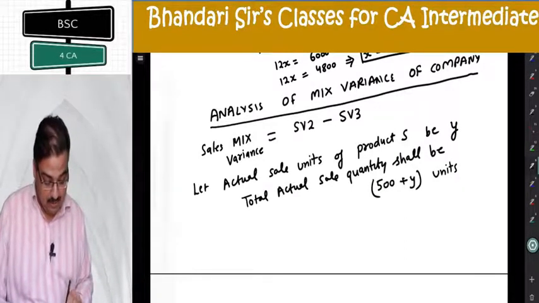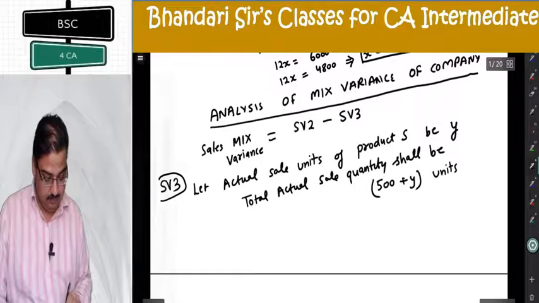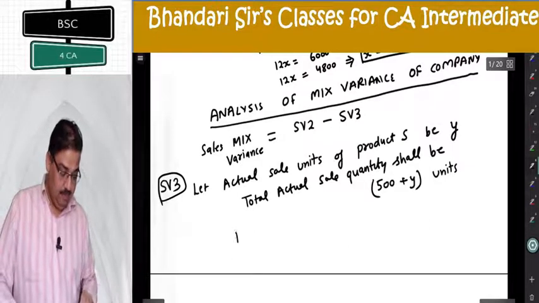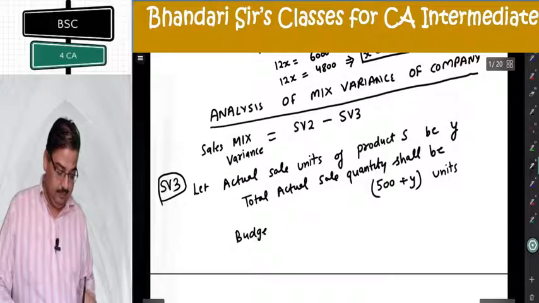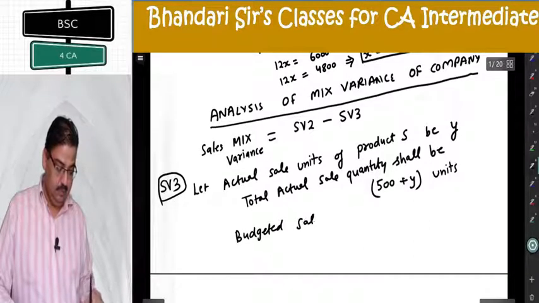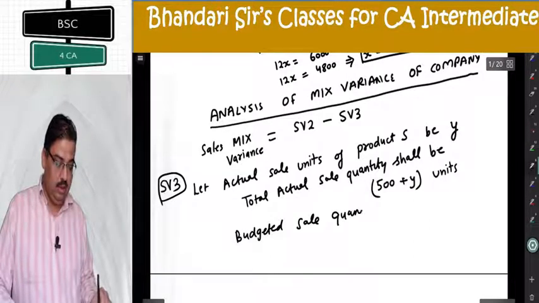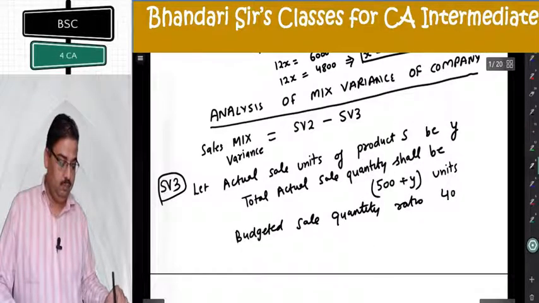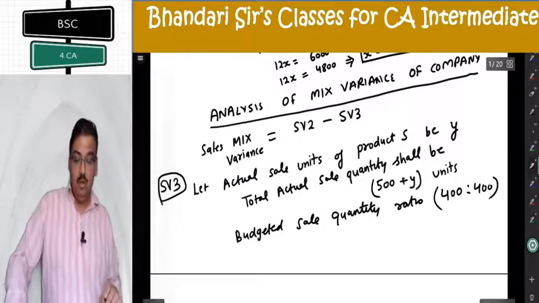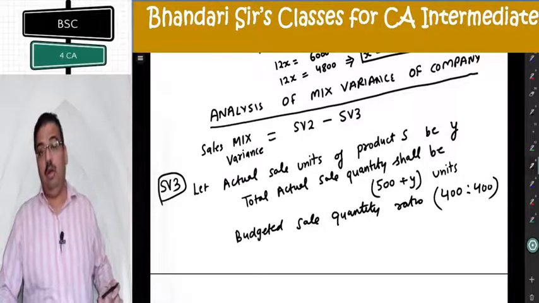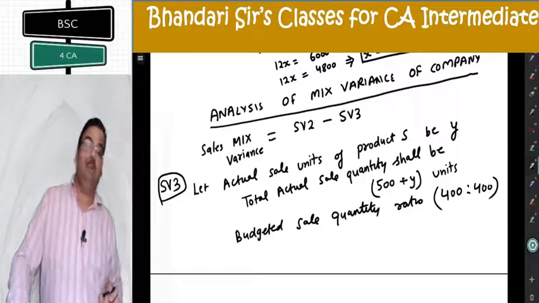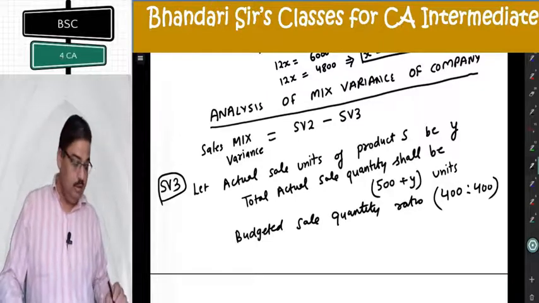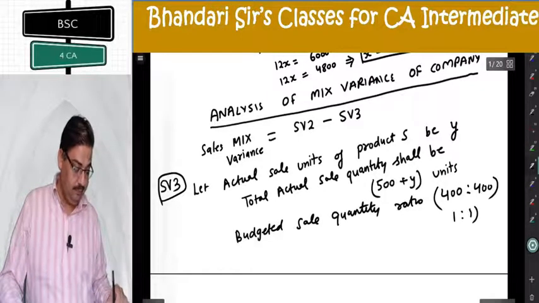I am doing SV3 first. Budgeted sale quantity ratio 400 ratio 400. For R we computed 400, for S it is given 400. So it is 400 ratio 400. This is 1 ratio 1.